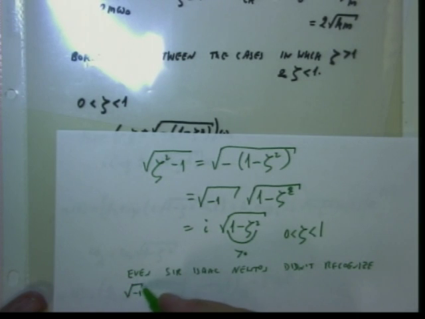Just a very simple note that even Sir Isaac Newton did not recognize the square root of minus 1, and called it untouchable.